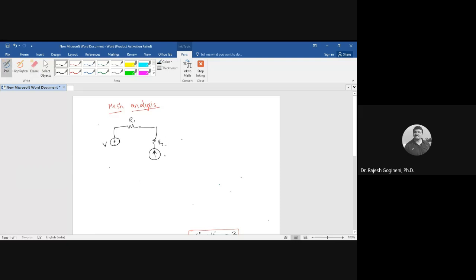Suppose here some current source is present like this, or I will change the direction.